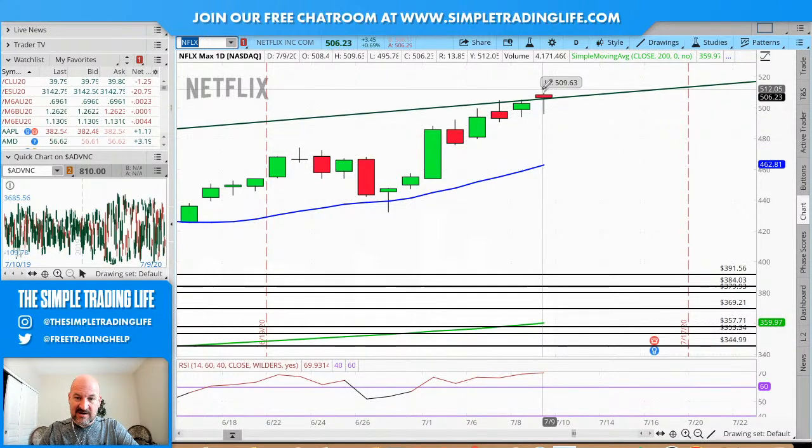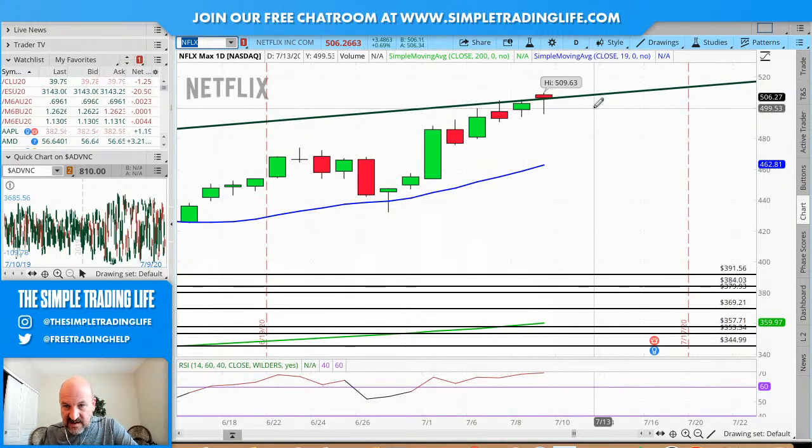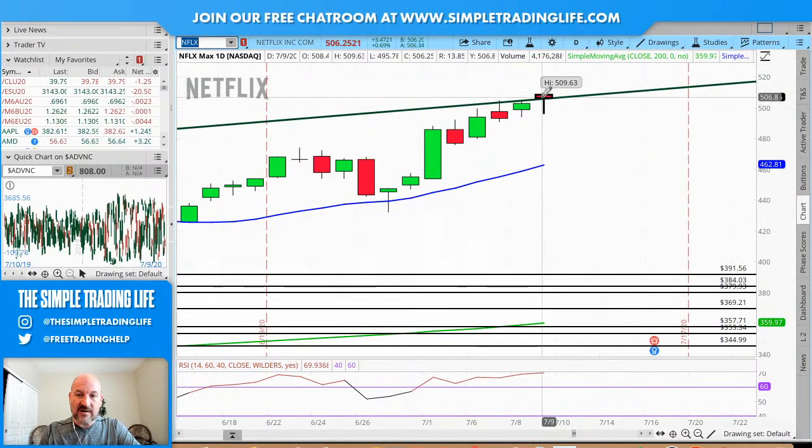It flushed down and then it came back up. So your trigger coming back up would have been the top, which is 505.10, and it's been up to 509.63. So that's over $4. Okay, so you could have caught $4 that direction.